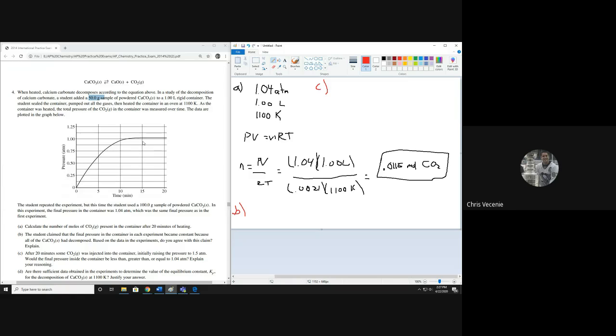Exactly. It's going to get us back to what this value is, because the equilibrium is only affected by temperature, the overall equilibrium value, which is what's going on here. So for C, it would be equal to 1.04. The equilibrium would shift to eliminate the CO2.